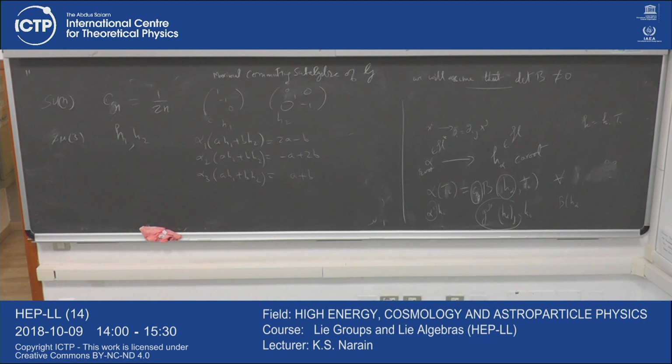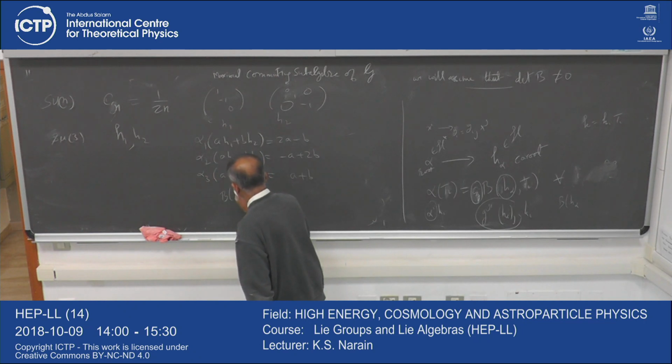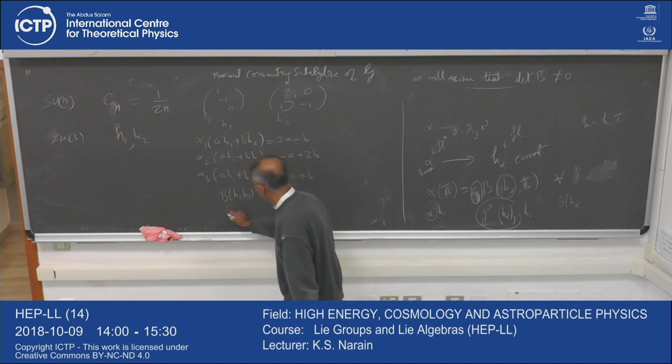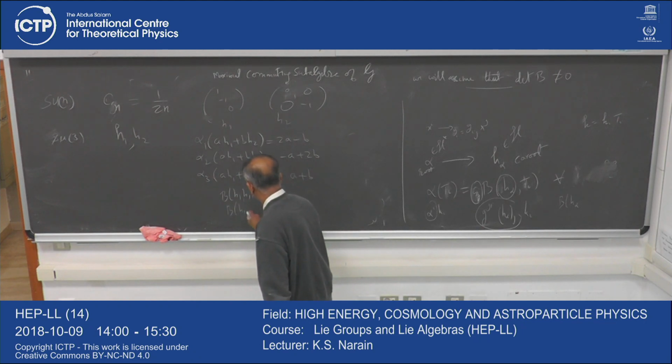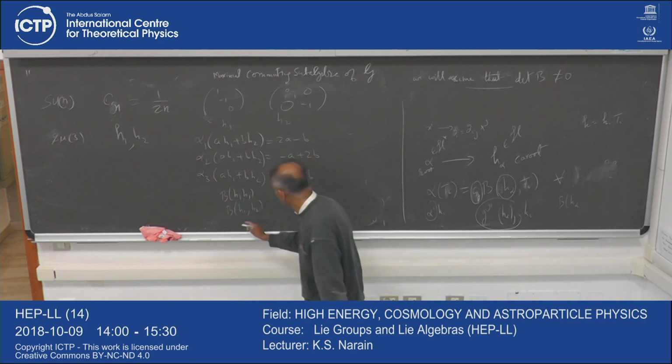So in particular, I can just write down what it is. If I look at B, I have three quantities I have to compute: B of H1 H1, B of H1 H2, which is the same as H2 H1 because it's symmetric, and B of H2 H2. These are three things I need to find out.